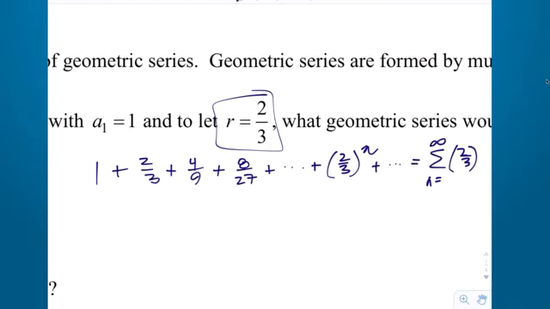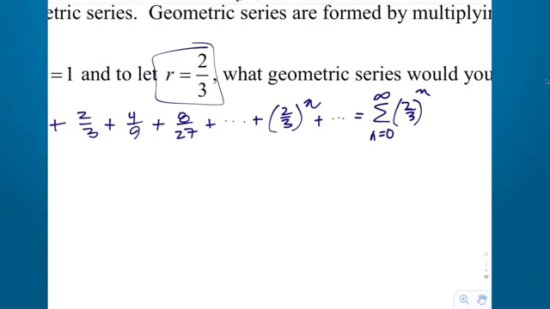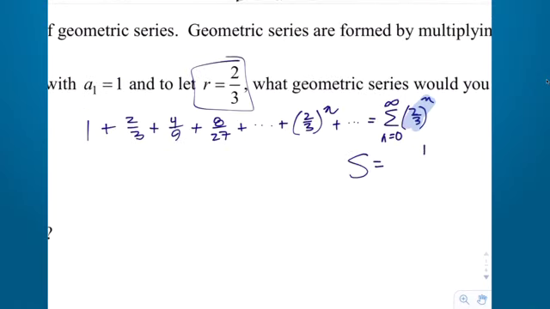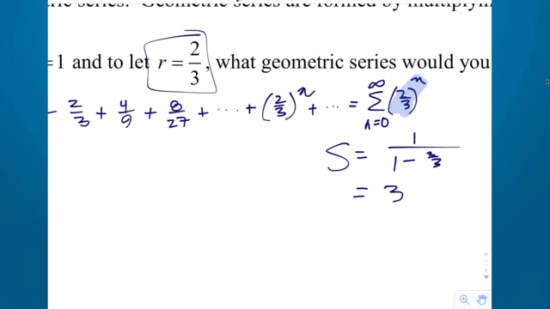So we'll say it's the sum from n equals 0 to infinity. So there you go. It's just powers of 2/3. So this is not a power series. This would be your convergent geometric series. And remember, if we wanted to find the sum, it would equal the first term, which is 1 over 1 minus the ratio, which is 2/3. So this would converge to 3, as it turns out.